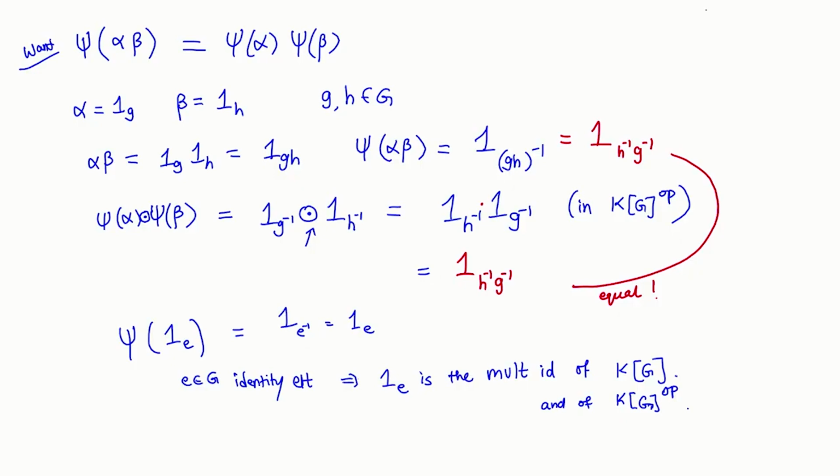A left module over kG op is just a right module over kG. So the corollary of this isomorphism is that for kG, left and right modules are equivalent notions. We don't need to worry about left versus right.